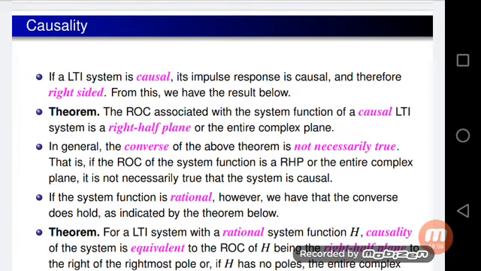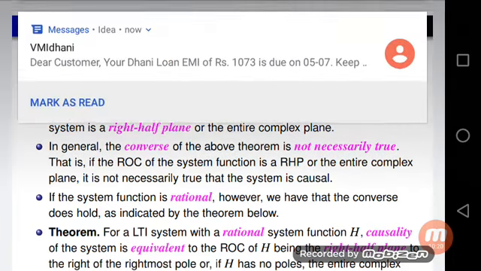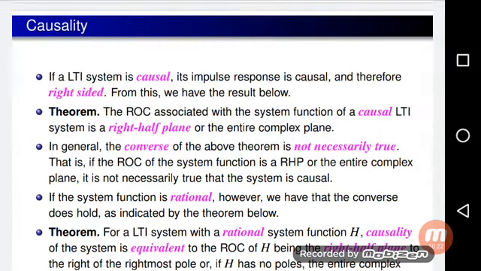So in general, causality means that if an LTI system is causal, its impulse response is causal, therefore right sided.